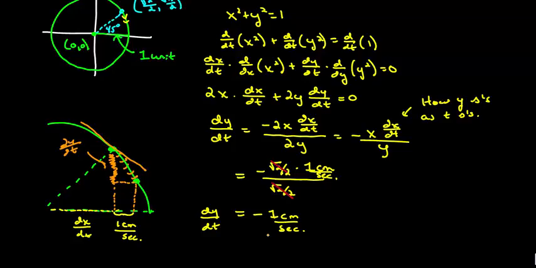Another way of doing this, like I said, is to go directly and say dy/dt is going to be equal to, well, let's not do that. I don't want to confuse you. So let's just stop there.